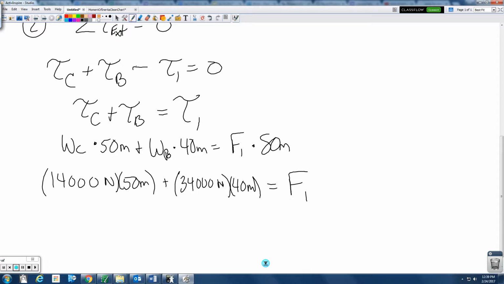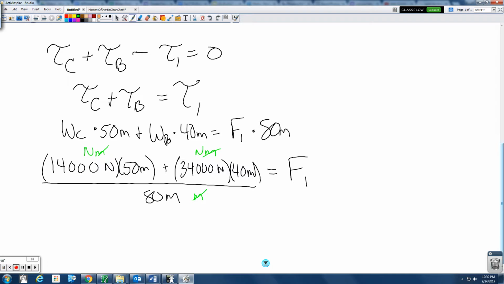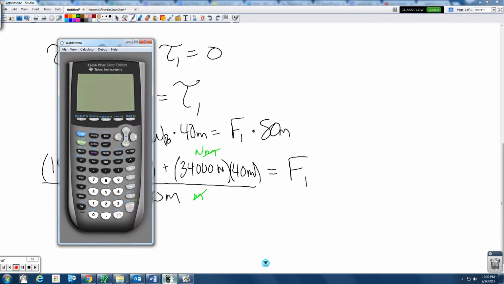And if I just divide by 80 meters, notice my units: I'll have newton meters divided by meters. So my meters will go away and I'll be left with newtons, which are the units I want for my force.